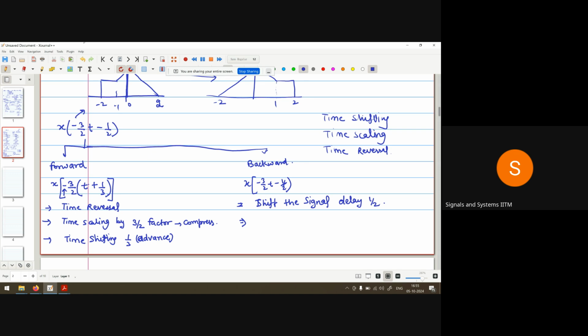Then we have to scale the signal, compress by 3/2. And then we have to reverse the signal.